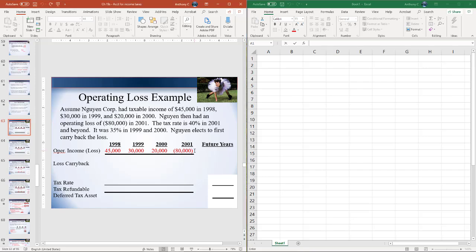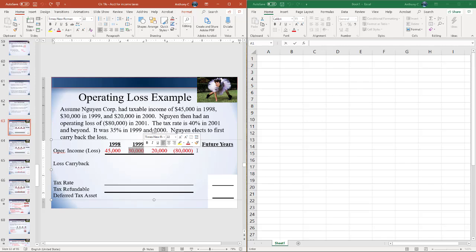So in this case, we have this $80,000 loss in 2001. Since Nguyen's electing to carry back the loss, it first has to carry it back to the earliest of the 2 years. So it can carry it back 2 years. It starts with the earliest year first. So it's going to offset this operating income of $30,000 in 1999 first.